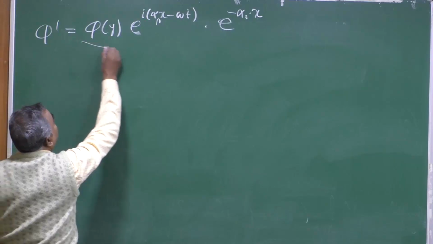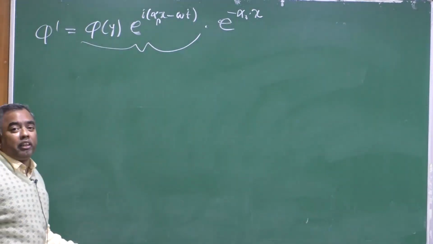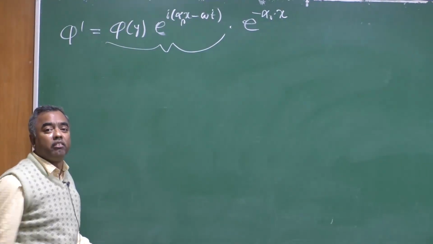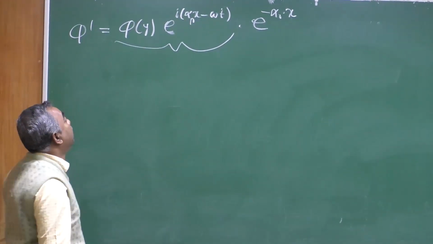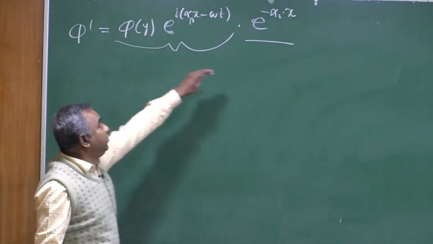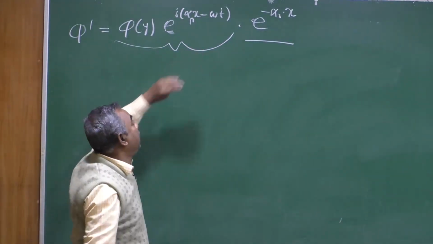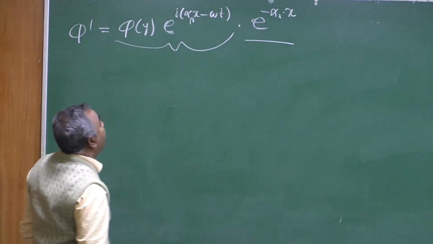So, this is a complex quantity, which is nothing but your sinusoidal oscillation. And so this is the real part. So, this can be the amplitude of the sinusoid. Okay. So, let us consider this to be the amplitude.